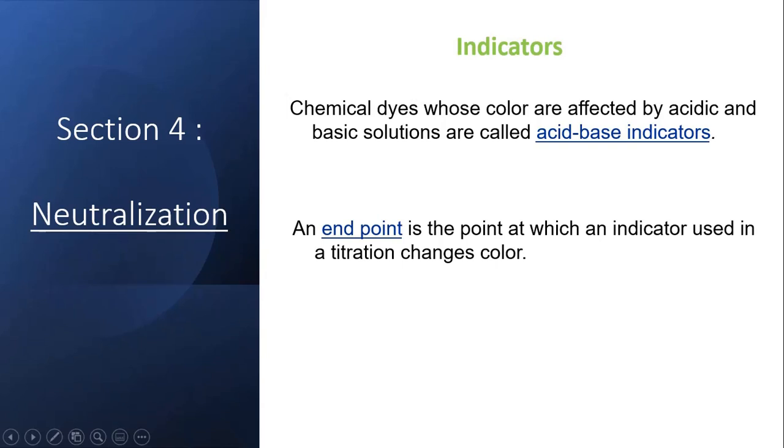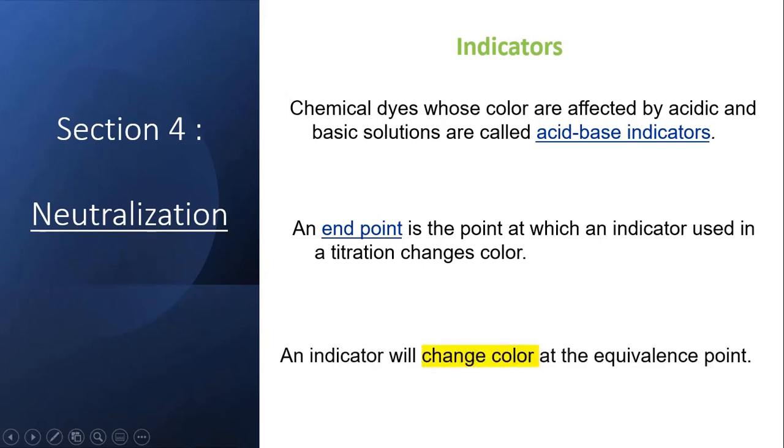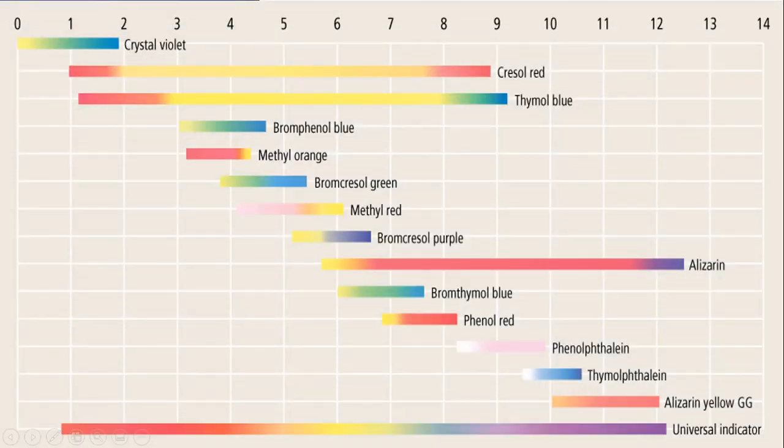We have just a brief introduction here about indicators. We will not go in depth in this chapter. We will just talk about indicators. You will not memorize anything except if I assign that for you. Mainly we will talk about phenolphthalein, methyl orange. These are the most common indicators we see in students' textbooks.